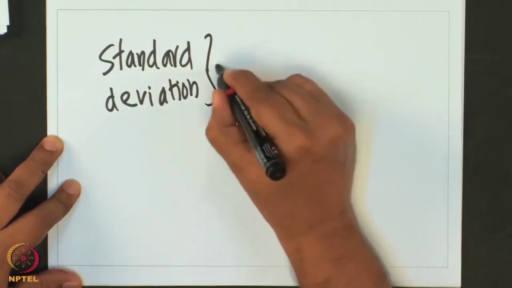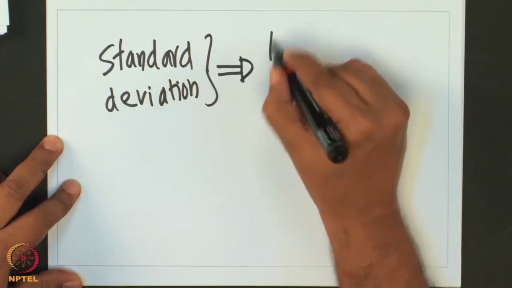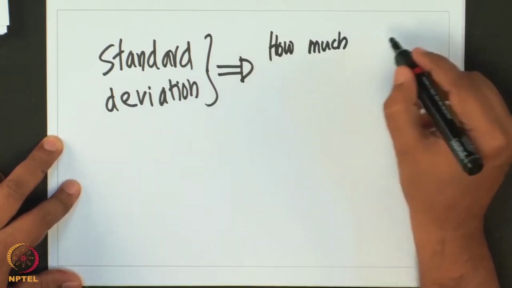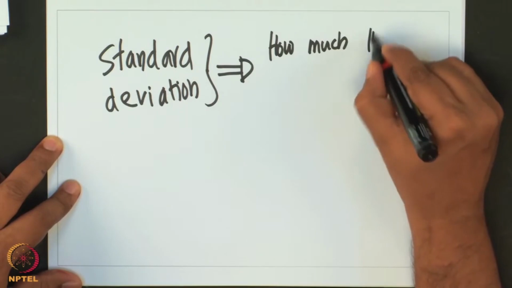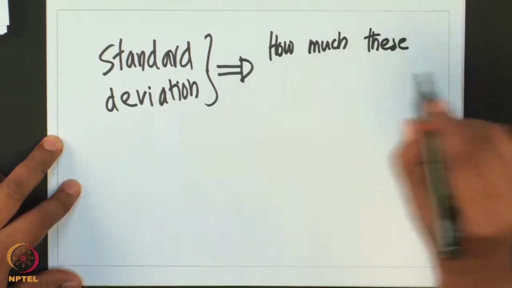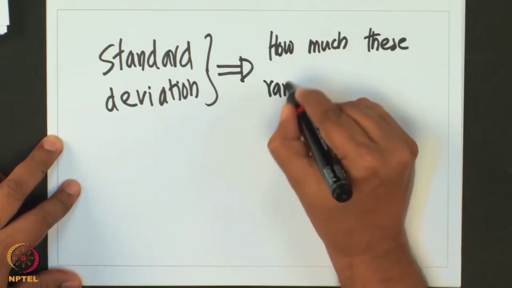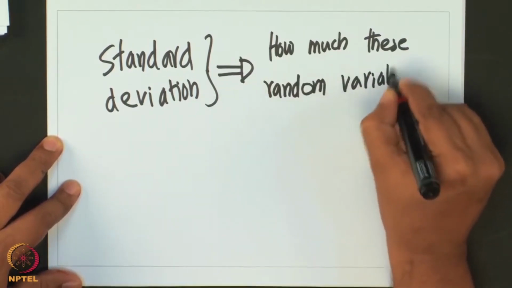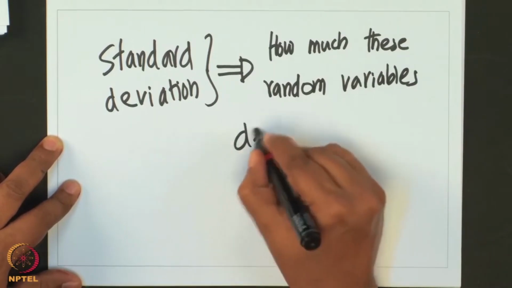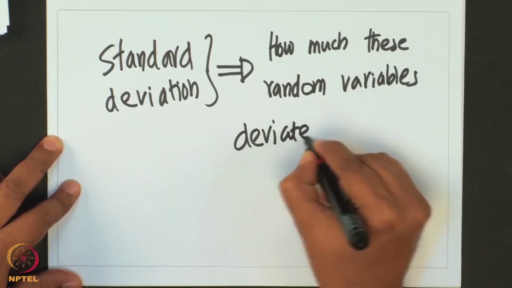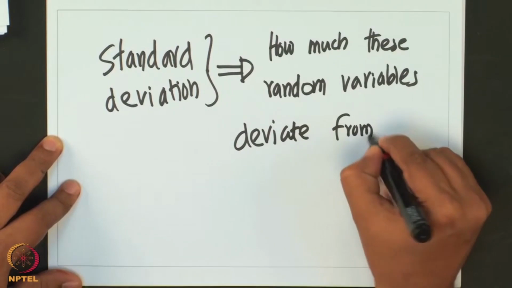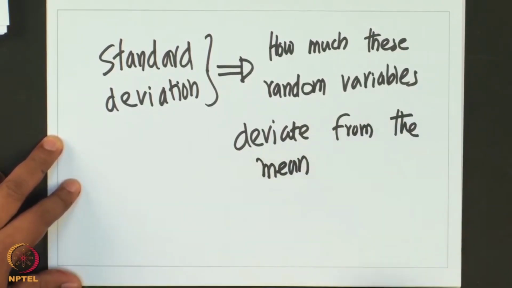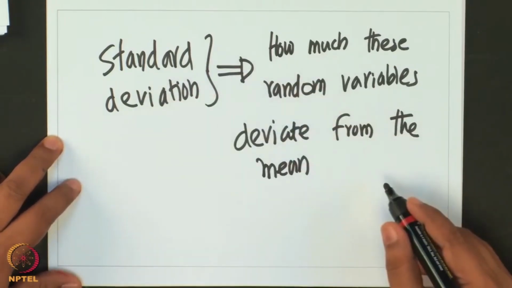What does the standard deviation tell us? It tells us how much these random variables, whether our marks or measurements, deviate from the mean. So this is what the standard deviation would convey.